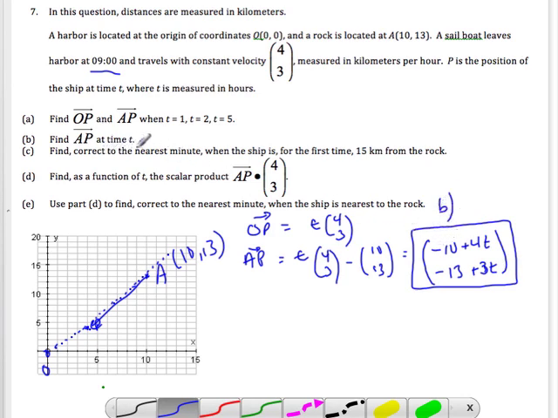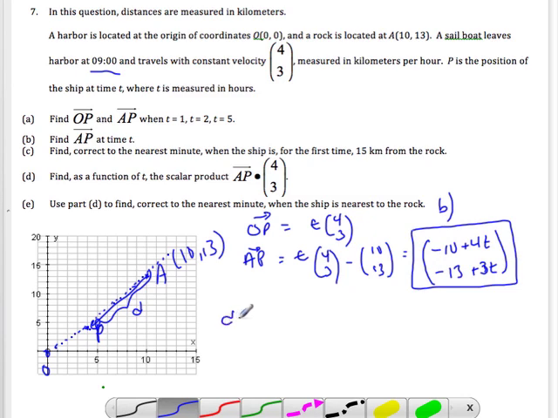Then it says, correct to the nearest minute, when is the ship for the first time 15 kilometers from the rock? Well, this distance here is the distance away from the rock, so I'm going to call that D. Finding D is the same as finding the magnitude of this vector.